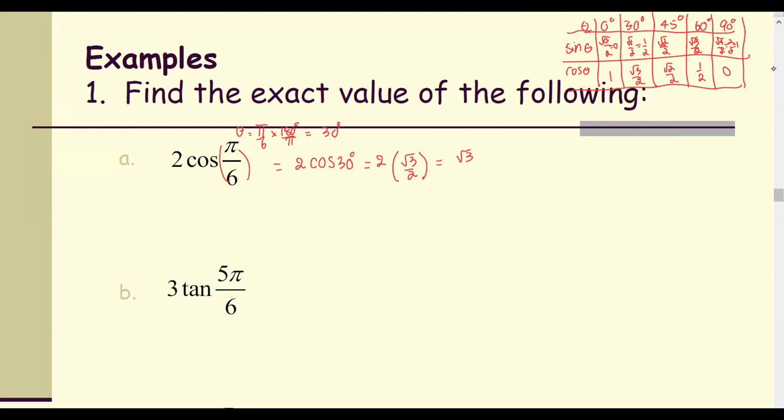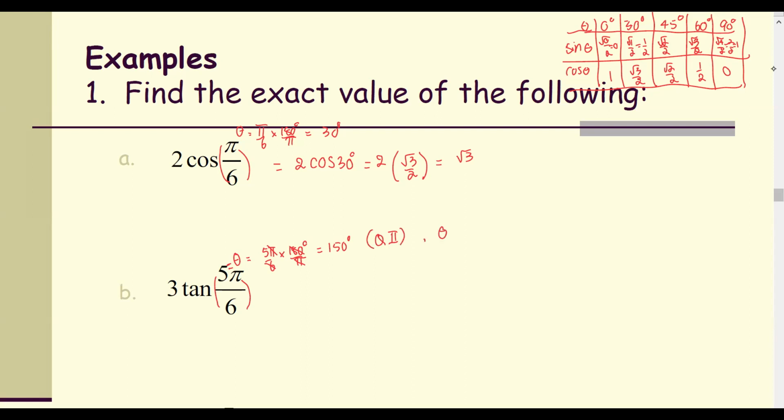Part B, we are going to find 3 times the tangent of 5 pi over 6. 5 pi over 6 is our theta. In terms of degrees, 5 pi over 6 multiplied by 180 degrees divided by pi, where 6 and 180 reduce to 30, gives 150 degrees. 150 degrees is in quadrant number 2.